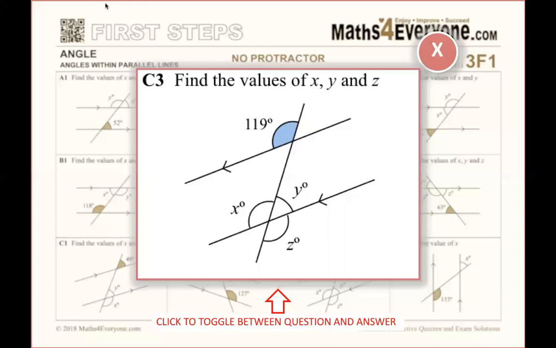61. Yep, that's right. Y is 61. Now, X and 119 are not interior angles.